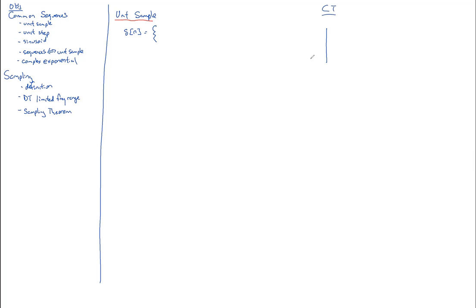So in continuous time, we had this thing called the unit sample, also called the unit impulse. We drew it like this, and we said it had unit area under its whole thing. What would we get if we integrated it? Gordon, if we integrated it from negative infinity up to here, what's the area underneath that unit impulse? It's 0.